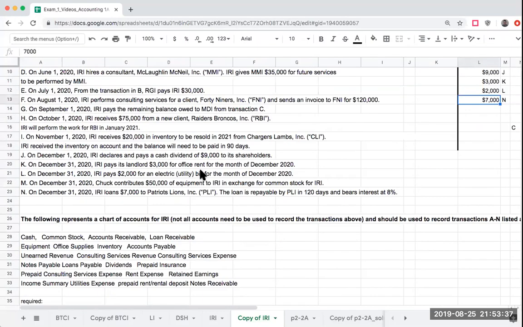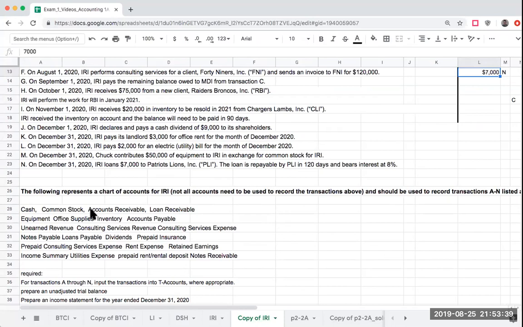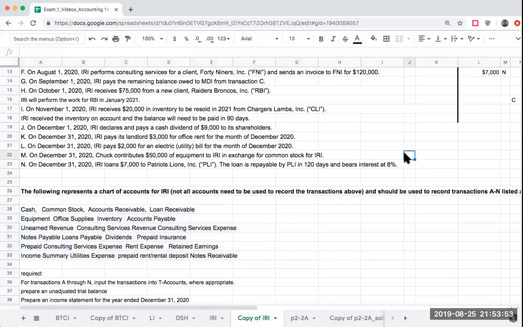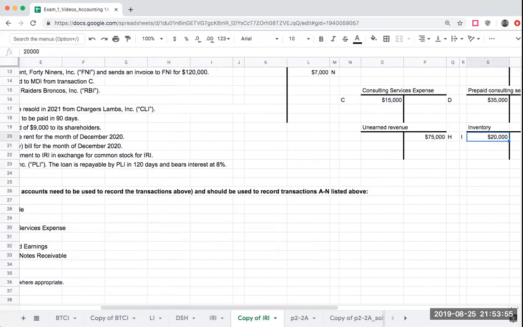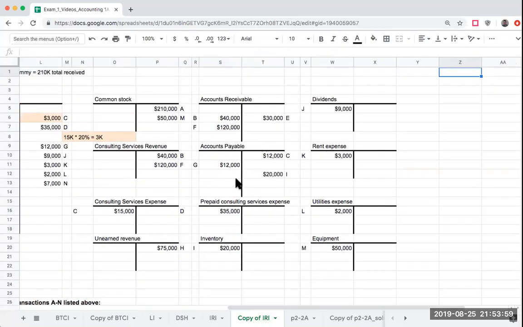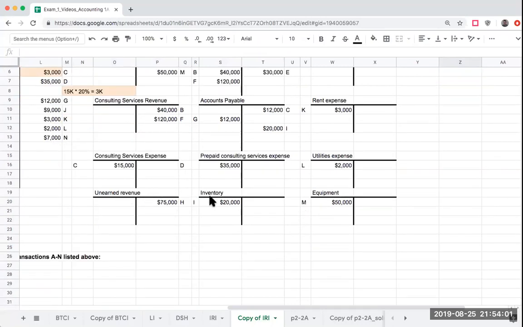For every credit, I need a debit. What account is this? Is it a payable? Do I owe them money or do they owe me money? It's going to be what we call a loan receivable.